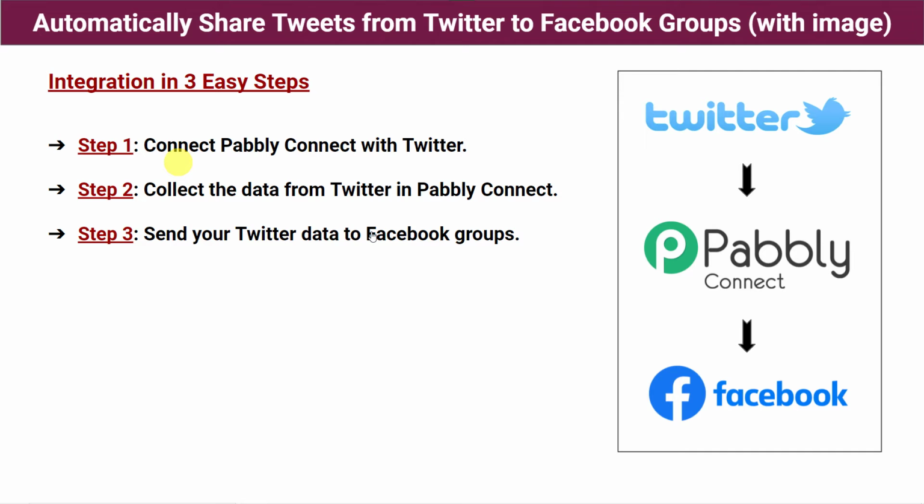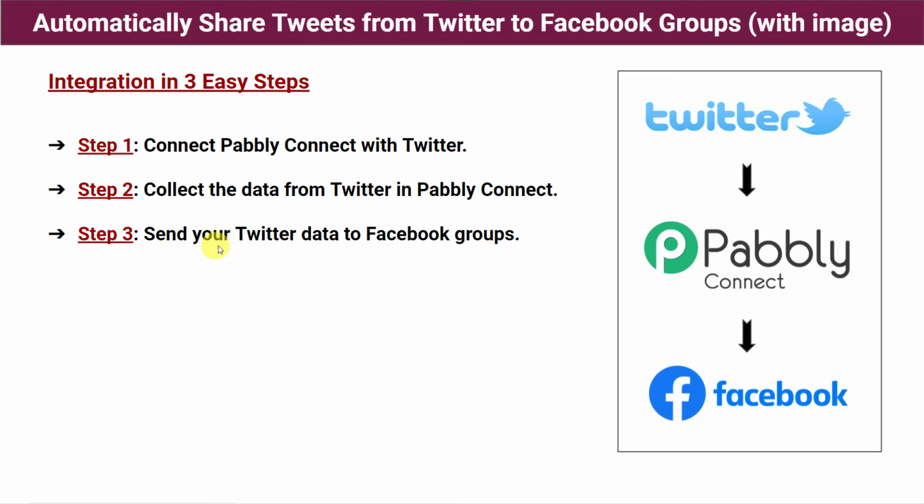At step 1, connect Pabbly Connect with Twitter. First we have to go to Pabbly Connect and create an integration between Pabbly Connect and the Twitter account. At step 2, collect the data from Twitter in Pabbly Connect. Pabbly Connect is going to capture the data from the Twitter account.